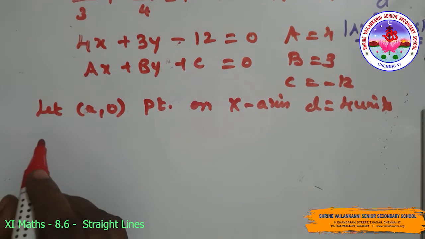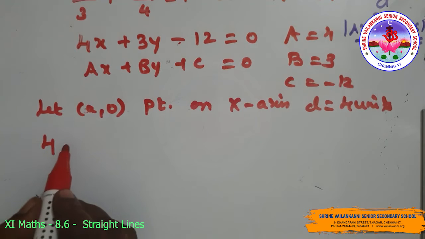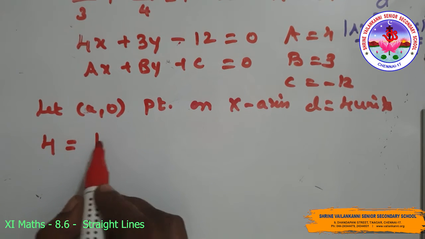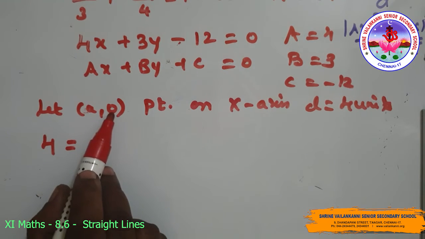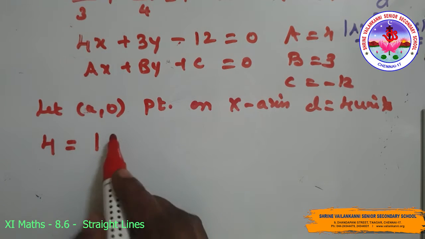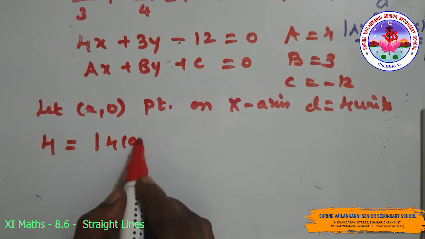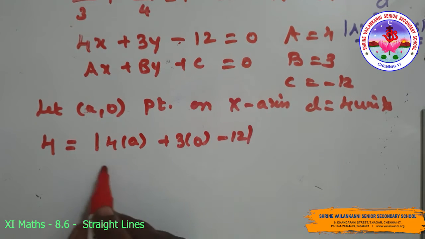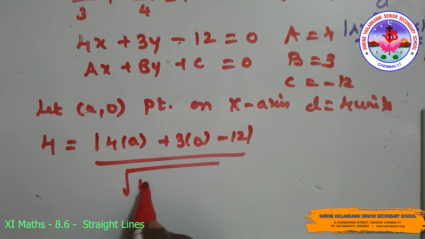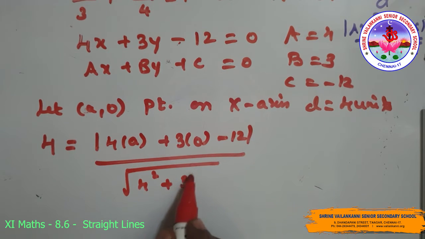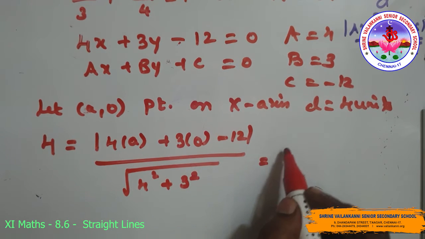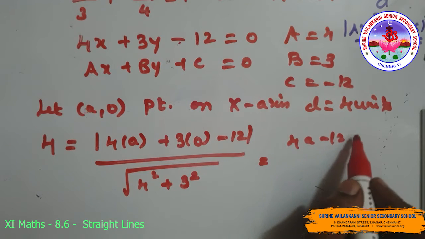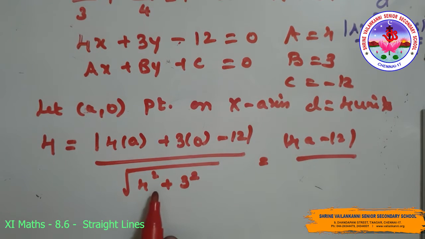Substituting this, we get d is 4 units, which is equal to modulus of, the point is (a, 0), so 4 into a + 3 into 0 - 12 by square root of 4 square + 3 square, which is |4a - 12| by root of 16 + 9, which is root 25, which is 5.